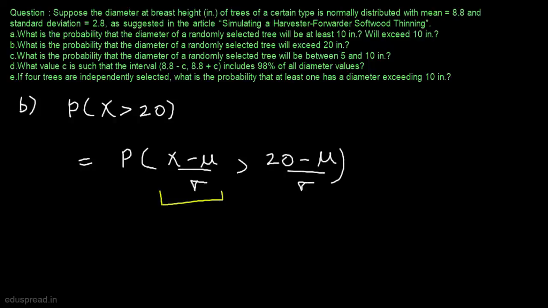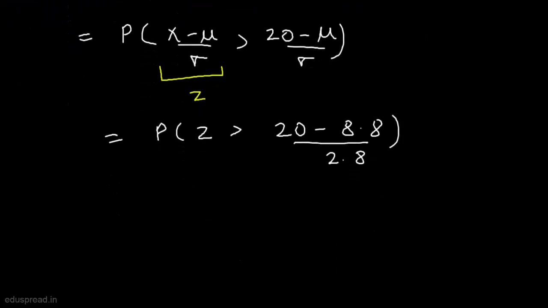We know that this is Z, so we can write that this is equal to the probability that Z is greater than (20 minus 8.8) divided by 2.8, and this is equal to the probability that Z is greater than 4. Well, using the complement rule, we can write that this probability is equal to 1 minus the probability that Z is less than or equal to 4.